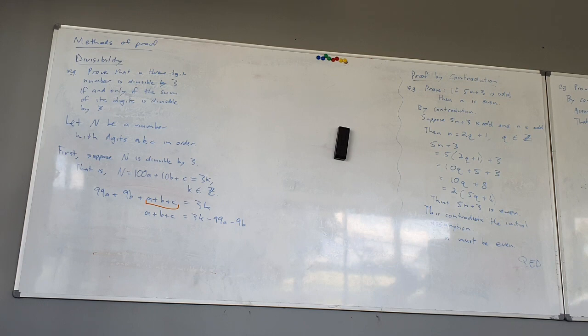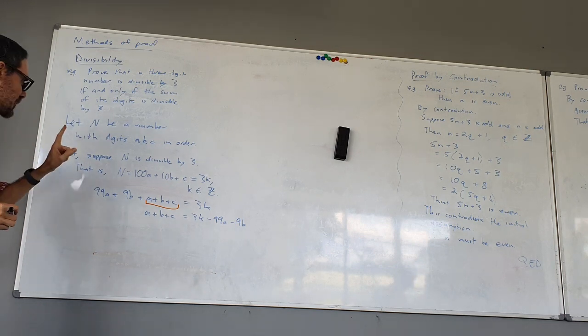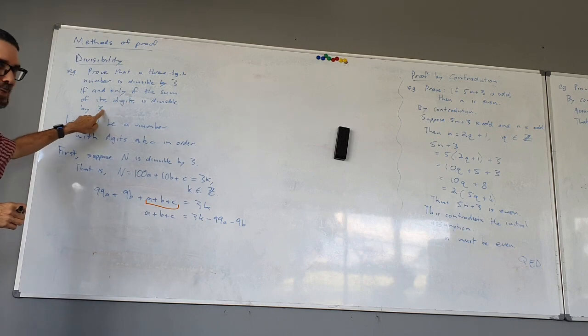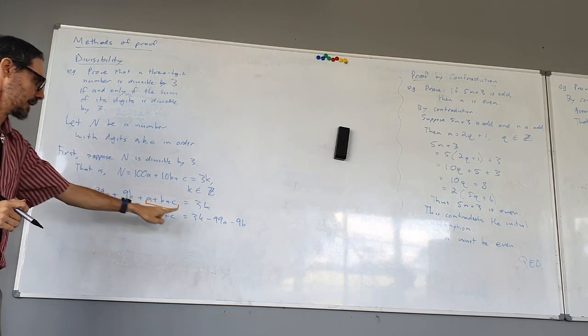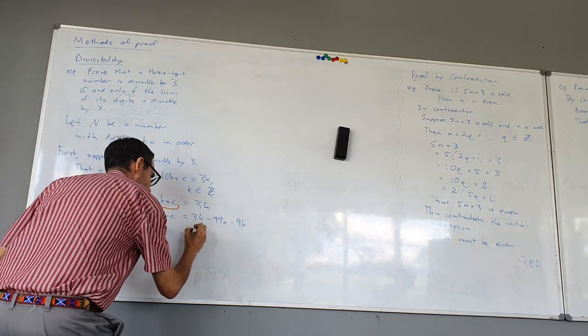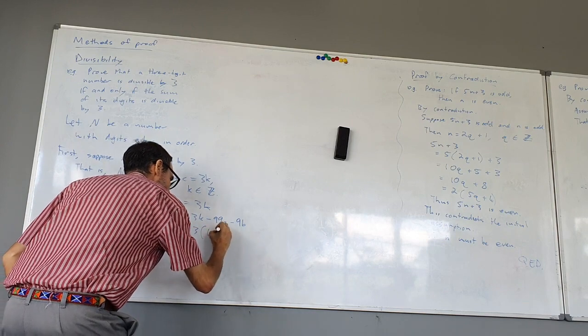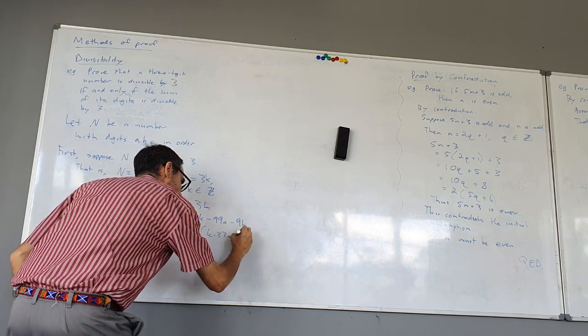Can you see what I'm going to do next? I want to prove that the sum of the digits is divisible by 3. Well, I can factorise 3 out here: k minus 33a minus 3b.